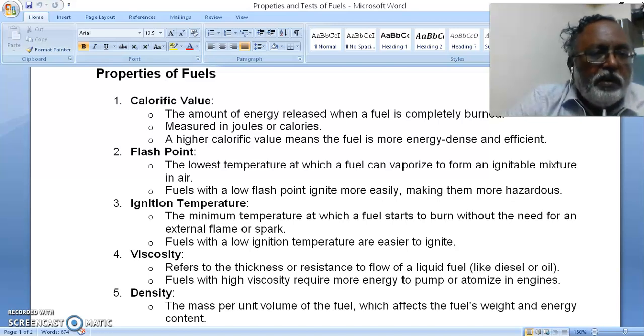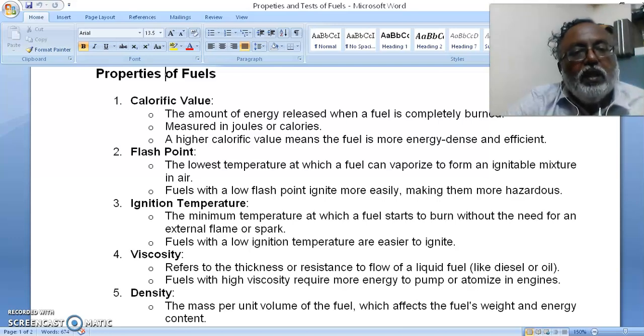The third property is ignition temperature.